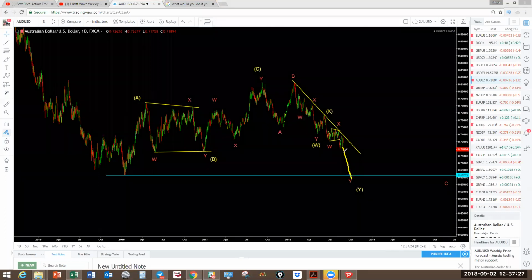So as I said, if you don't get the deep corrective structure here, this will not stop here. It will keep going. Okay, unless you get a corrective structure, and it's already far down to make a corrective structure, this may just keep going. So keep an eye on Audi. There is no sign of a reversal anytime soon.